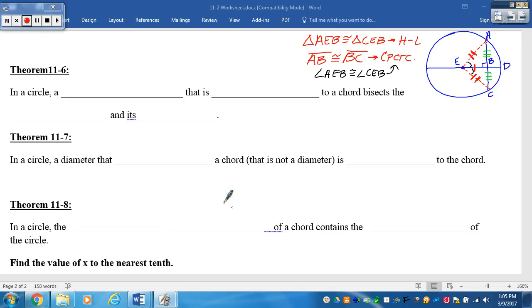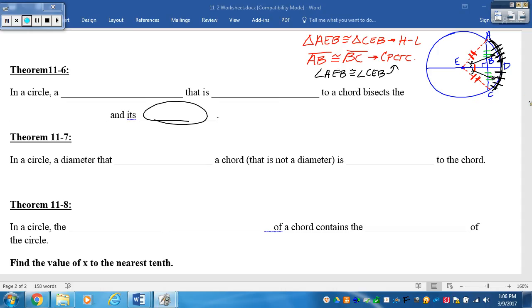Well, remember the second part of the proof right here was that the arcs are going to be bisected as well. And so this arc right here is bisected, and so that measure right there and that measure right there would have to be the same. Again, remember, the central angles have to be equal to the arc measures, and so there's that direct relationship here between the angle and the arc, the angle and the arc.